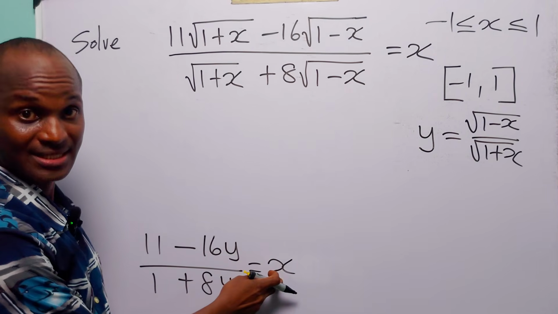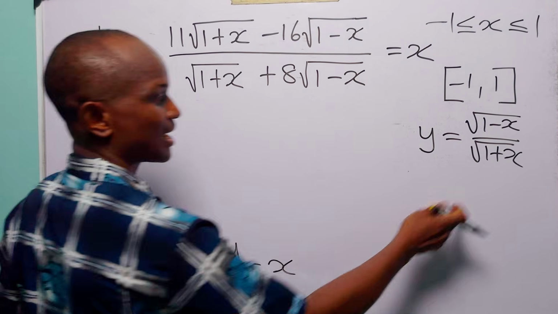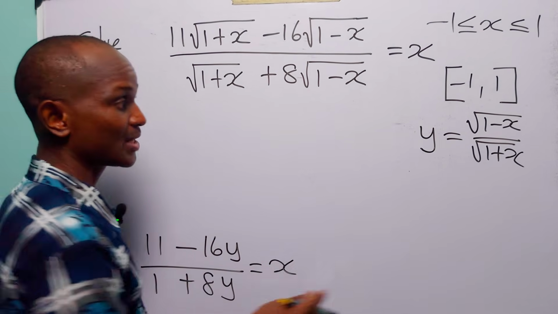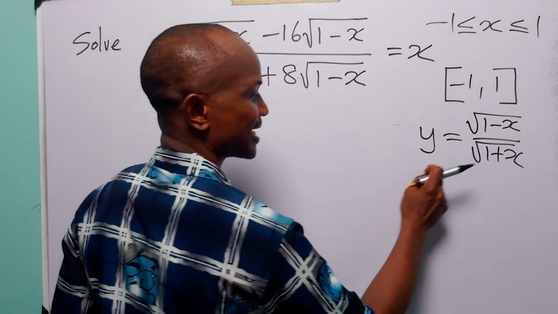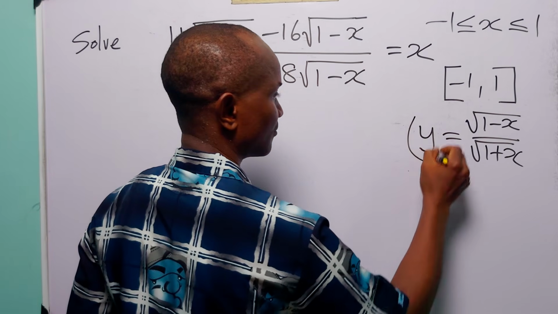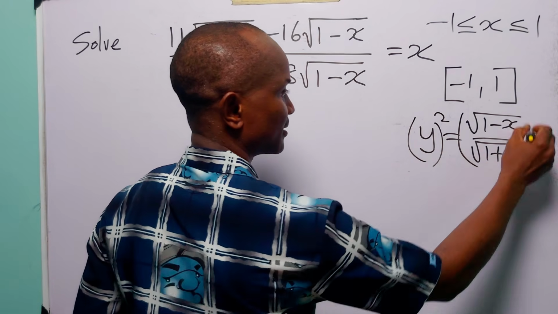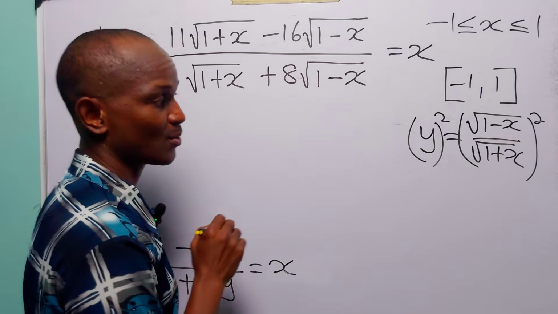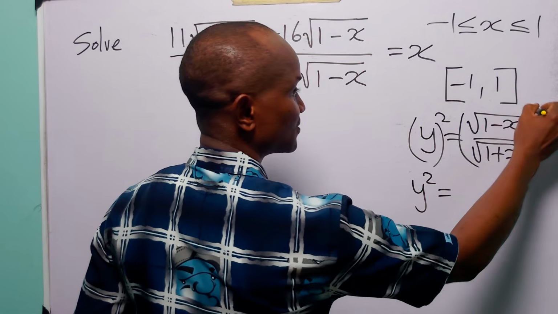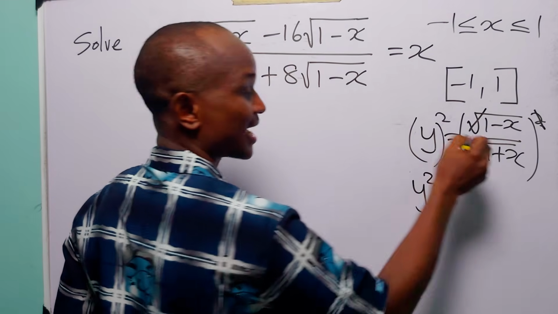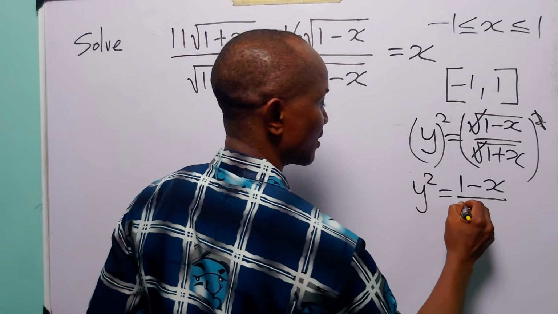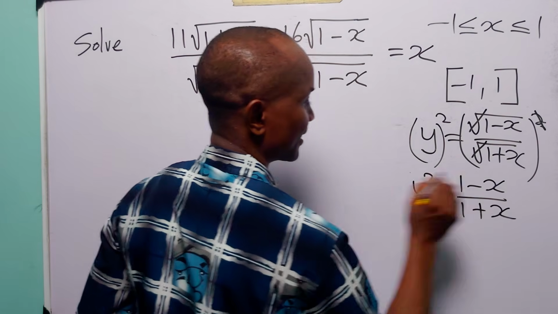Now, we still have x here. So what we are going to do is that we will make x the subject of this formula. And of course, to do that, we start by squaring both sides of this equation. When we do that, we have this squared is equal to this squared. Now, this is y squared is equal to 1 minus x over 1 plus x.